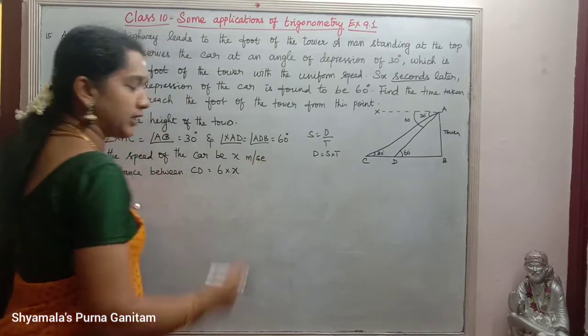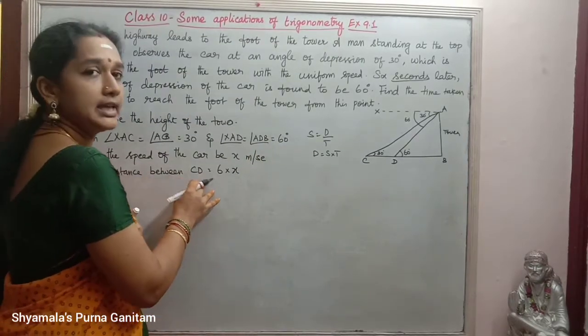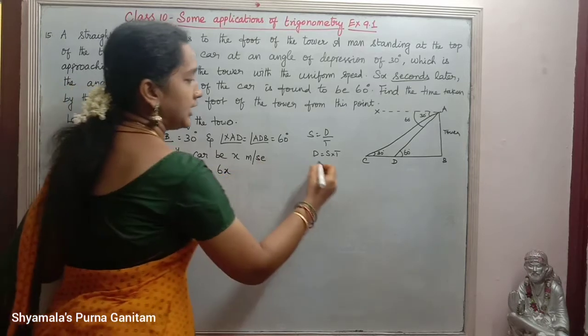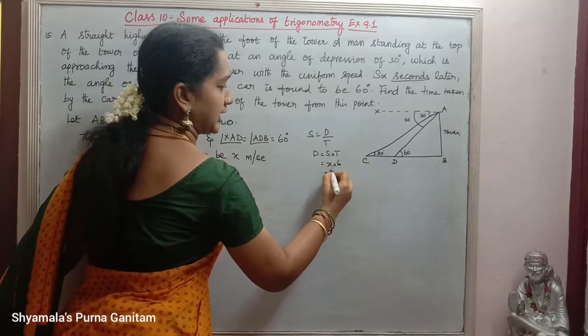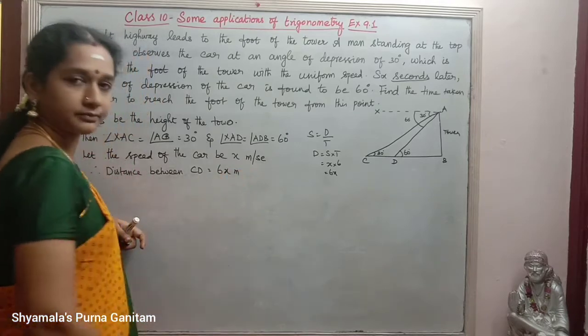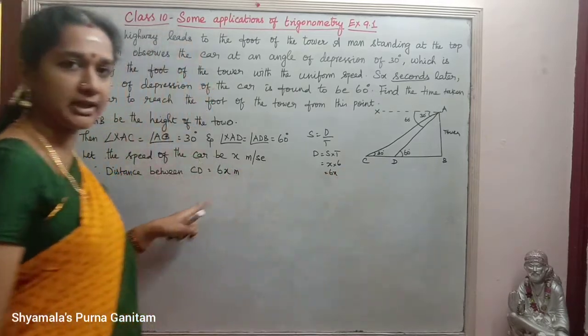So the distance between CD is 6x meters.